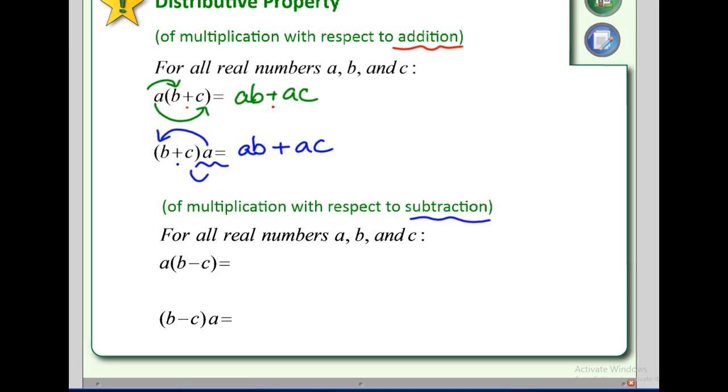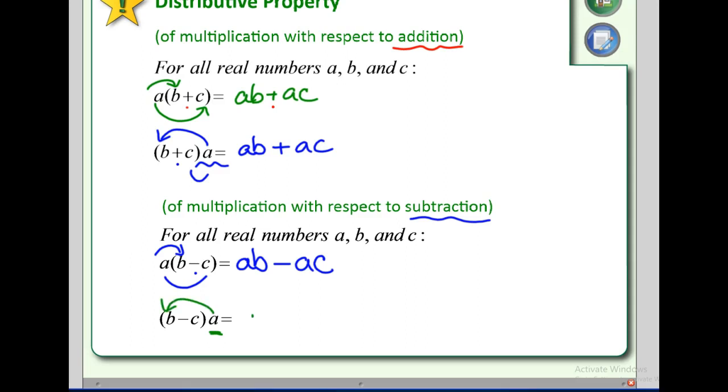Yeah, it's just the sign in the middle. So if I look at my first problem here, they want me to take A times B, which is AB. Ooh, what sign's in the middle? Subtraction. So I'm going to put subtraction in mine. And then A times C. And once again, if you look at the bottom example, they're trying to be slick. They put the A behind instead of in front, but it's the same idea.